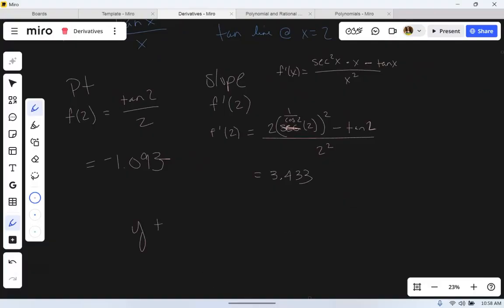Y plus 1.093 equals, what is that, of the tan line when x equals 2. What if I asked you to find the equation of the normal line when x equals 2? Negative reciprocal. That's right.